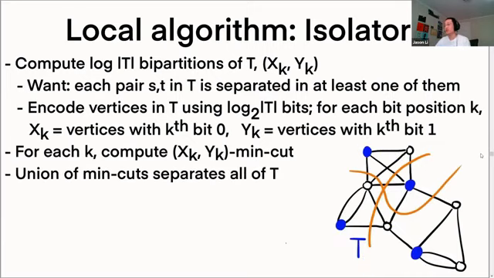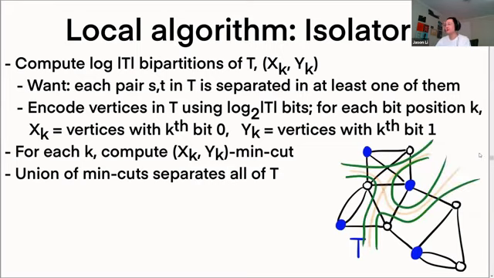I claim that once we remove these edges from the graph, the union of the min cuts, this breaks the graph into connected components such that every vertex in T belongs to a unique connected component. So no connected component has more than one blue vertex.